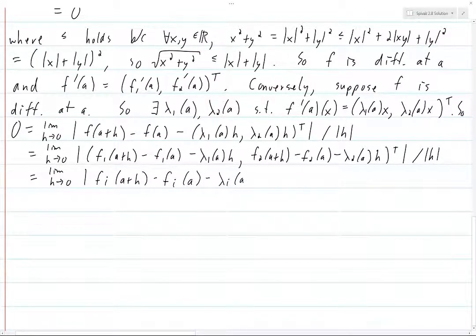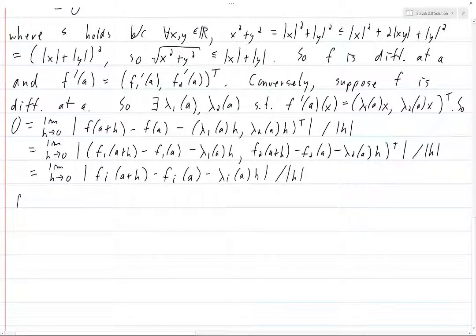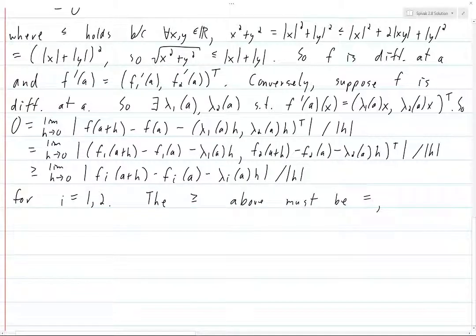And this holds for i, which could be either 1 or 2. No, I forgot the greater than or equal to. The inequality above must be equality.